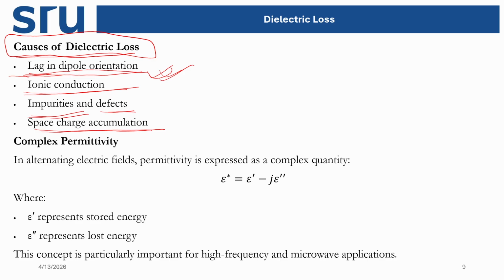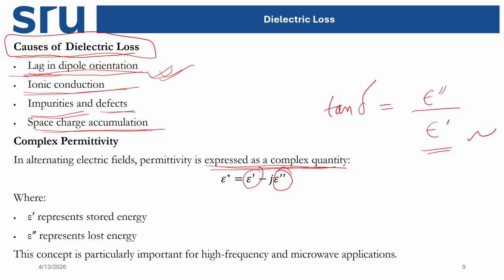Complex permittivity: an alternative to the electric field permittivity is expressed as a complex quantity. As we discussed previously, two things are happening that we consider: how much energy is stored and how much energy is lost. Previously we made the ratio, tan delta, which is how much is lost divided by how much is stored.